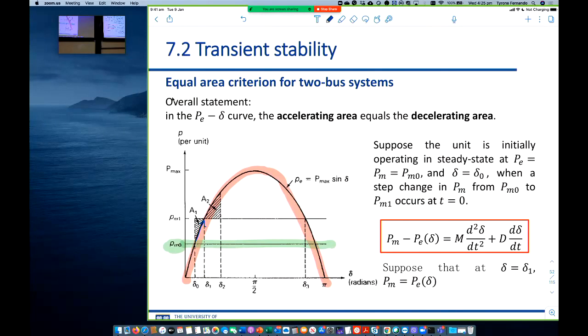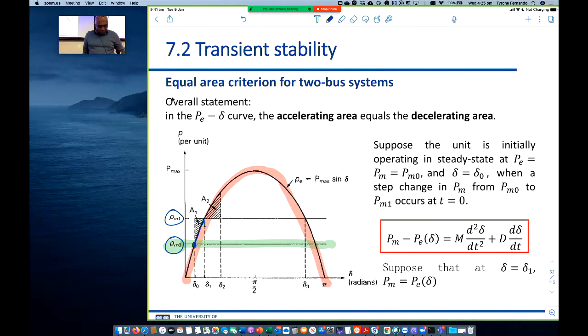It was initially here, and now it has increased from there to there, because the load must have increased.